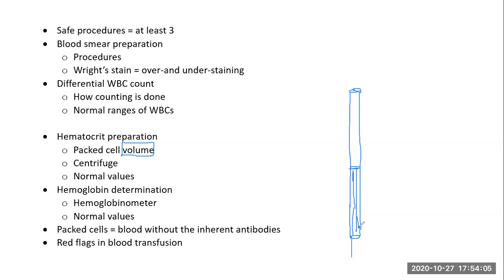Let's say the micropipette goes all the way up to here, and you use a sponge to block it. So let's say you measure from here, and this is 100%. And let's say this one is 45.